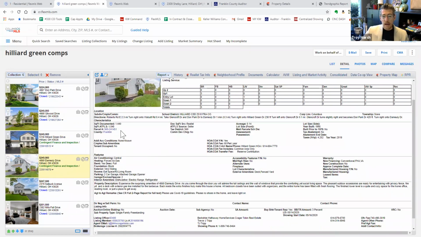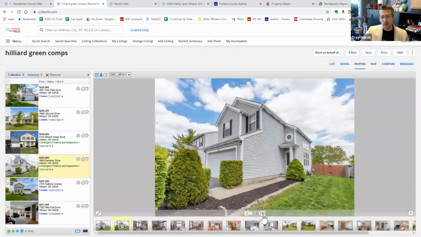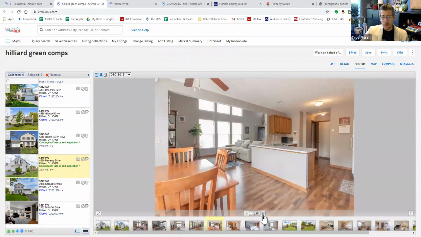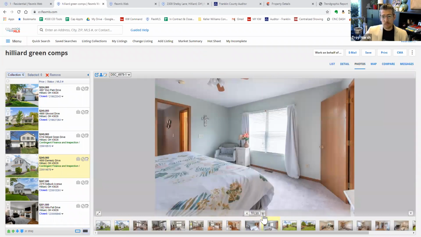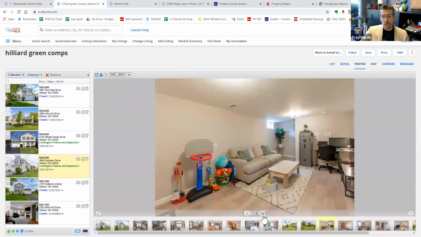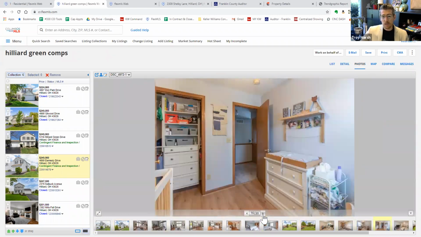This one had a finished basement, which could be a perfect example of why you should use an agent, or maybe, depending on what they got, but they have a finished lower level, super nice house, definitely more updated than the subject, and a finished basement.